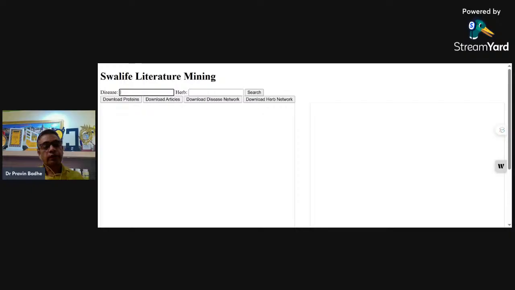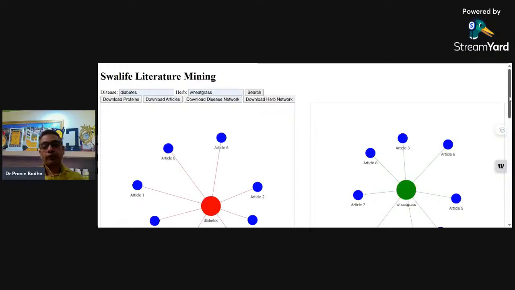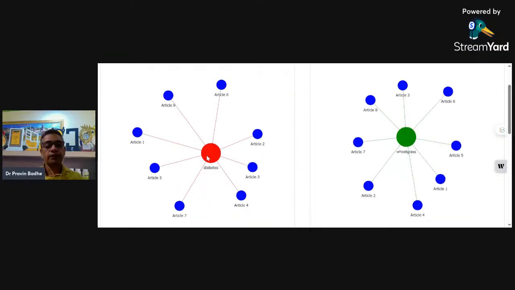You can add a disease name here, and as I told you, we are working on small molecules from plants, so we are working on different plants. Here I'm going to add wheatgrass. If you do the search, it shows the network of different articles in the disease, which articles are available and which are collaborating with wheatgrass. So these are wheatgrass articles.